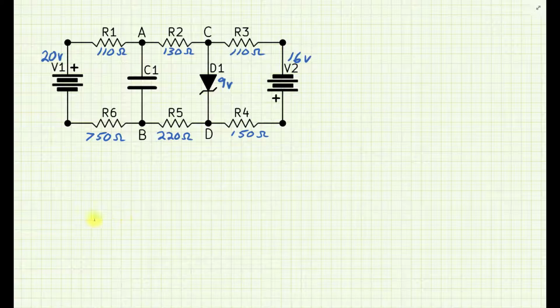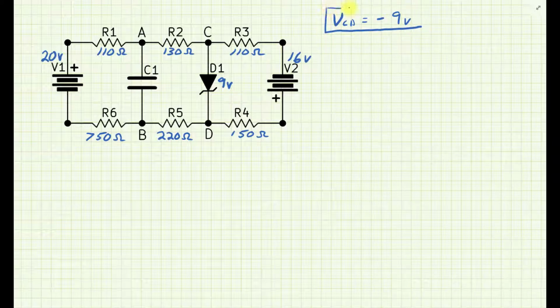So I've rewritten my circuit here. Since I know VCD has been found, and it will be minus 9 volts, that's our final VCD voltage.